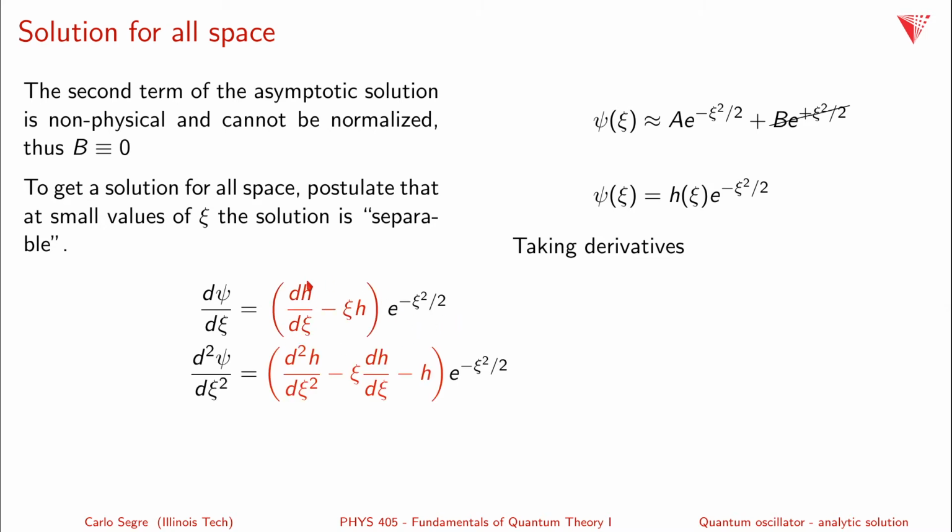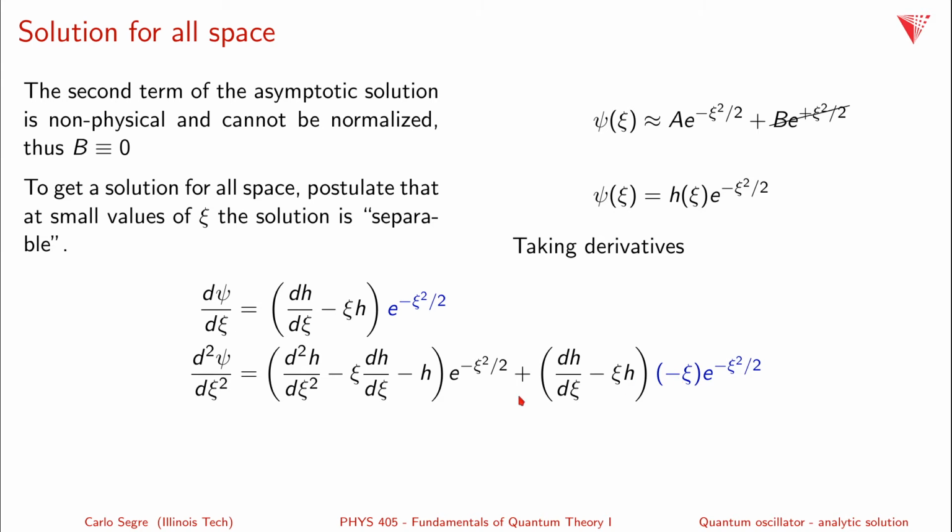So we'll start by taking the derivative of the stuff in parentheses. That gives us d squared h dc squared minus c times dh dc minus h, all times the exponential e to the minus c squared over 2. When we take the derivative of this and multiply it times this, we get dh dc minus ch times minus c e to the minus c squared over 2.